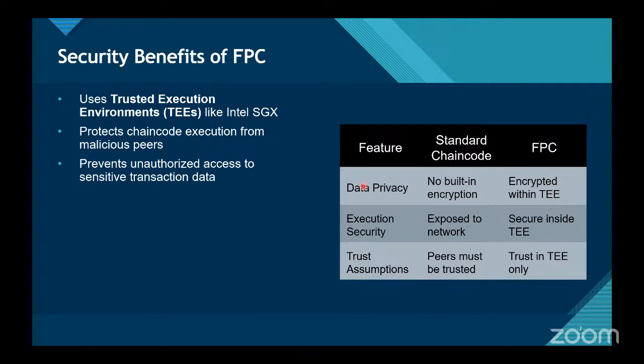And for data privacy, for execution security, for trust assumption, there is no trust assumption required in the FPC approach. Security is handled by the hardware itself by being executed in the trusted execution environment, and there is encryption for all arguments and input and output for the chain code level.